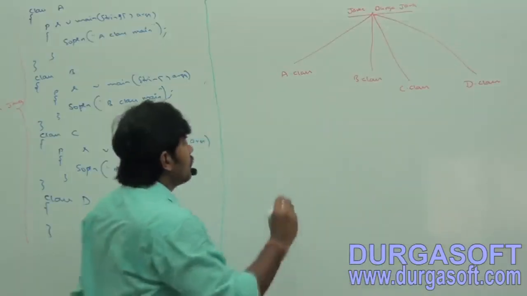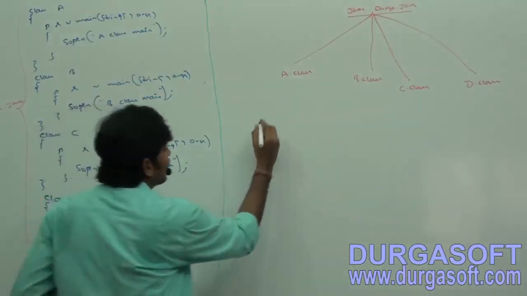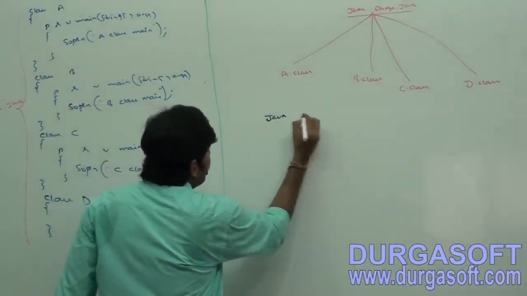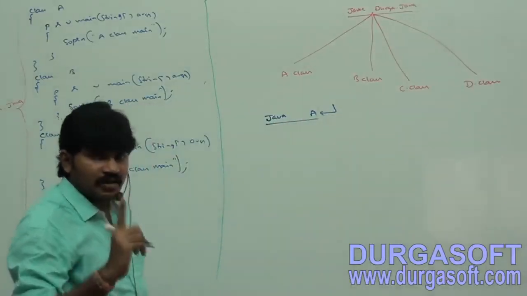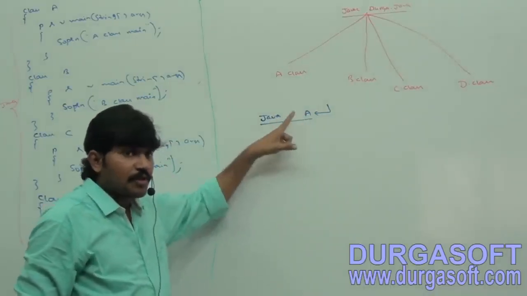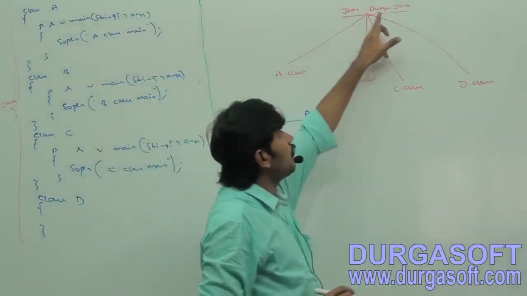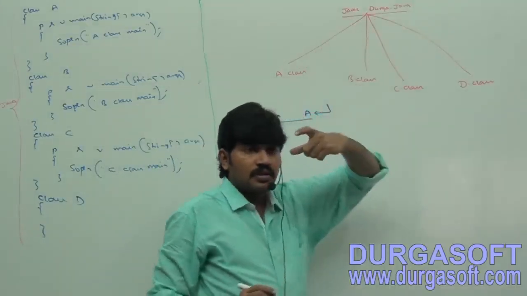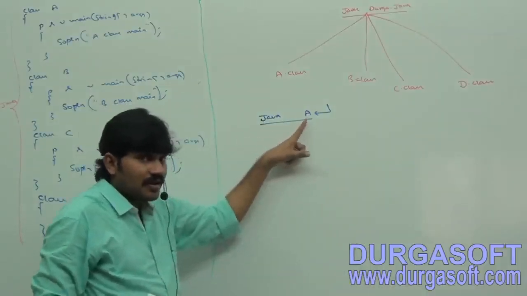Now observe. I have to run this code: java A. Whenever we are executing a particular class, observe the difference. For javac, what is the argument? Name of the program. But for java, what is the argument? Class name.